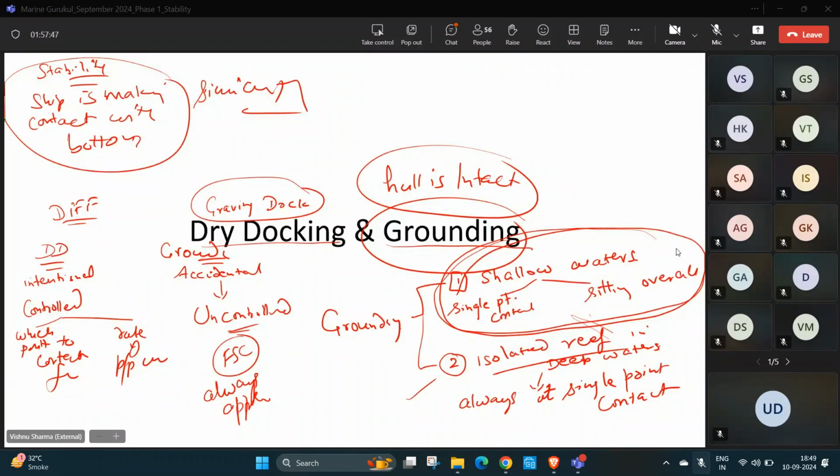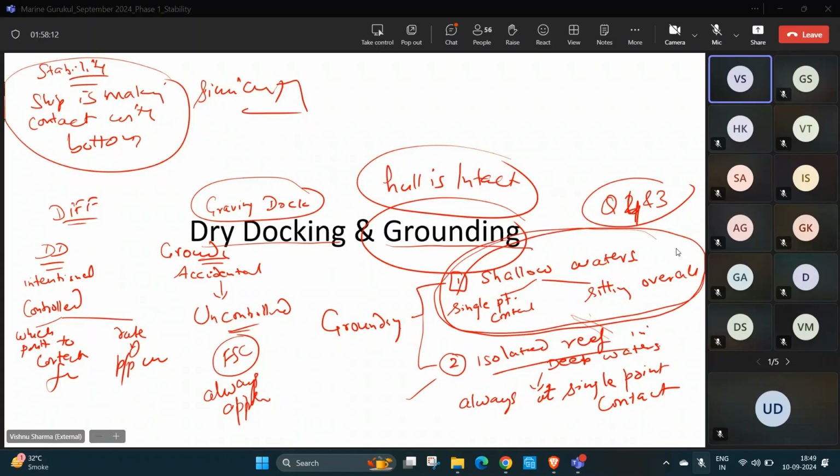But shallow water is like your questions 3 and 4 of dry docking. Sorry, not 2 and 3, my mistake, 3 and 4, beta. In questions 3 and 4, you did not know whether the ship was within the critical period or outside.